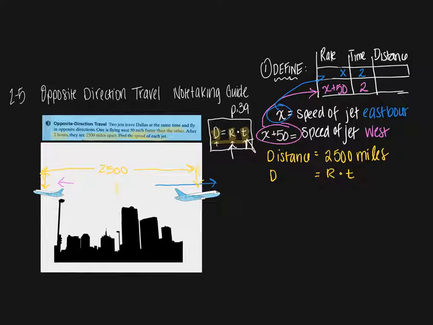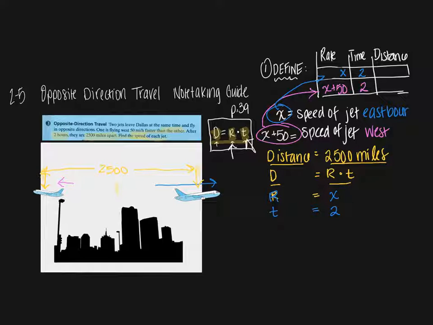Well, if my distance equals 2,500 miles, and I know that d equals r times t, and I know that my r, for my eastbound guy, equals x, and I know that my blue t equals 2.